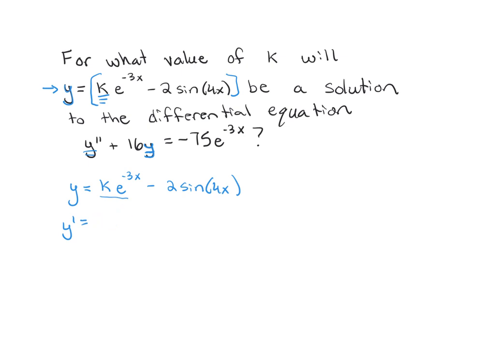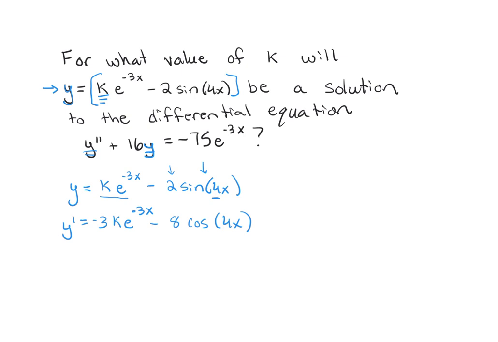I'm going to just write that out in front as negative 3k e to the negative 3x. And then derivative here, derivative of sine is cosine. And then chain rule, so times 4, which would be actually, so times 2 would be 8. So minus 8 cosine of 4x.